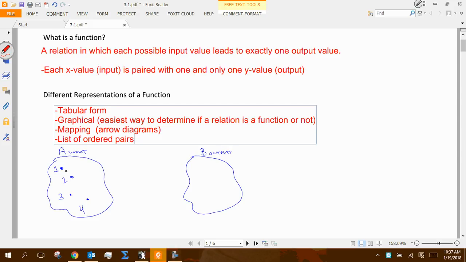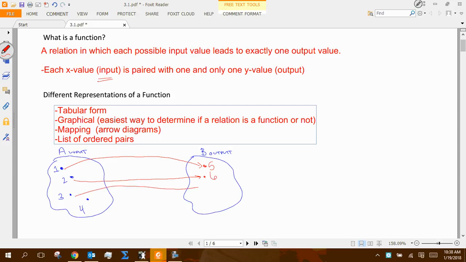And they say, well, 1 can be paired with something. Now here it says each input is paired with one and only one y value. So that 1 can only go to one number over here. So maybe it gets paired up with 5. This 2 might get paired up with some other number, let's say 6.